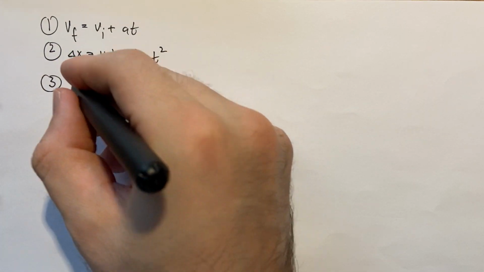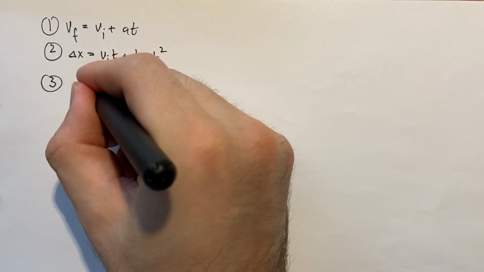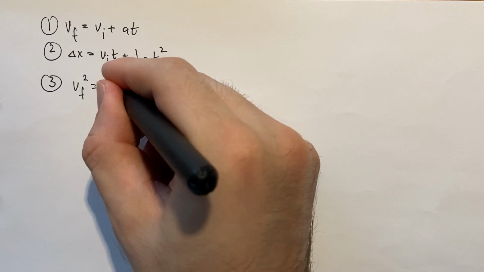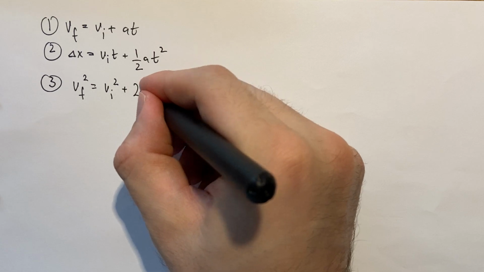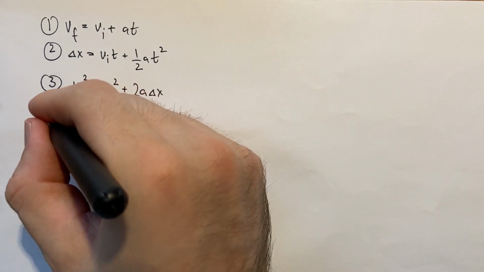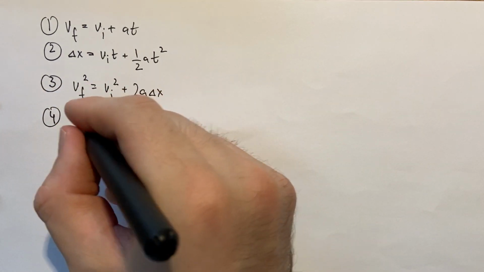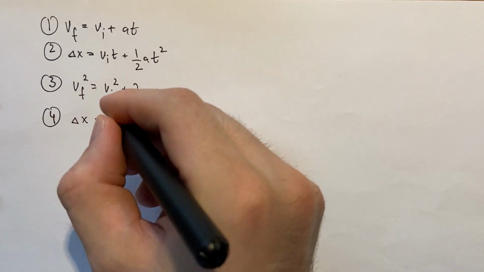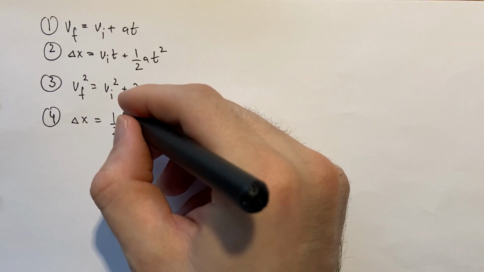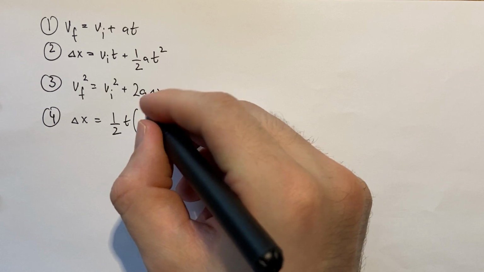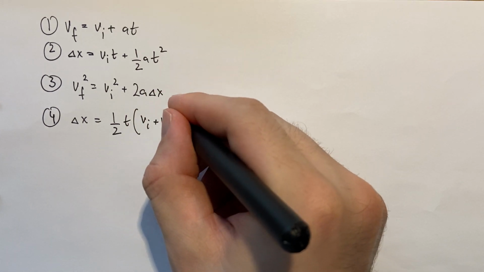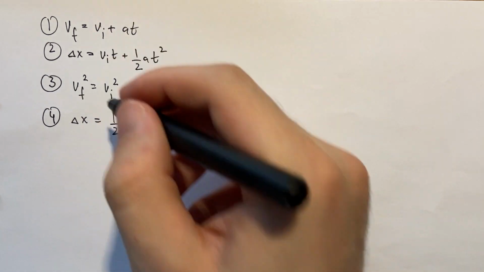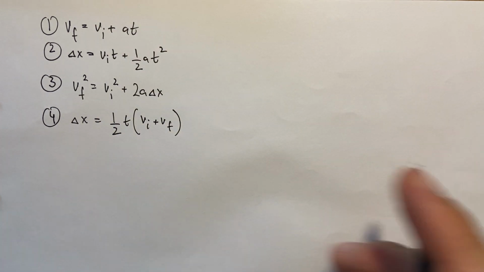Third equation of motion is the final velocity squared equals the initial velocity squared plus 2 times the acceleration times the displacement. And the last one is the displacement equals half t times the initial velocity plus the final velocity. So these are the 4 equations of motion.